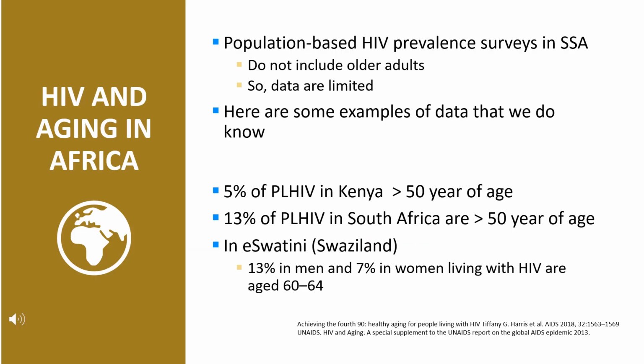In Sub-Saharan Africa, HIV prevalence surveys generally include few or no older adults, so data are limited. But here are some examples of data that we do know of from surveys that included older adults, as reported by UNAIDS. In 2013, 5% of people living with HIV in Kenya were over 50 years of age. And in Eswatini, 13% of men and 7% of women living with HIV were between 60 and 64 years of age.